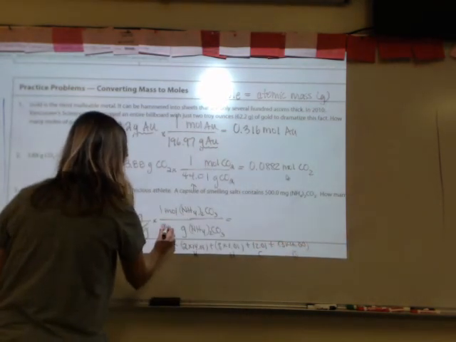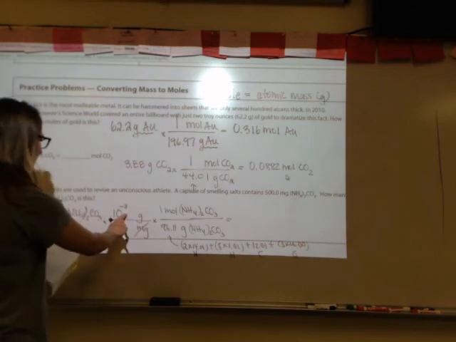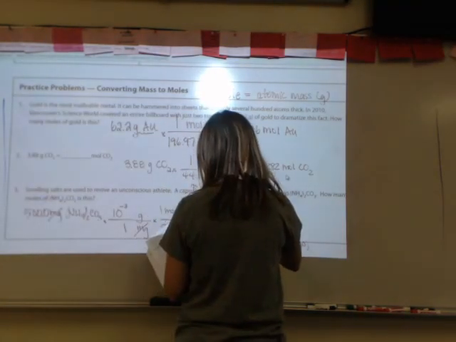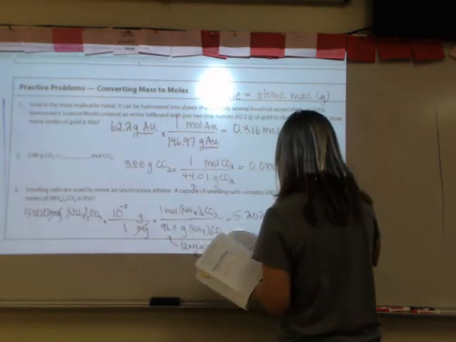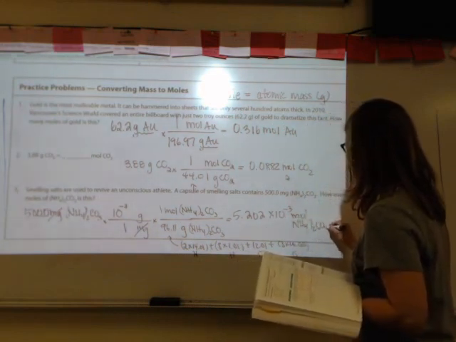So this comes out to be 96.11 for its molar mass. So 500 times E negative 3, divided by 96.11. I want 4 sig figs in my final answer. 5.202 times 10 to the negative third moles of ammonium carbonate.